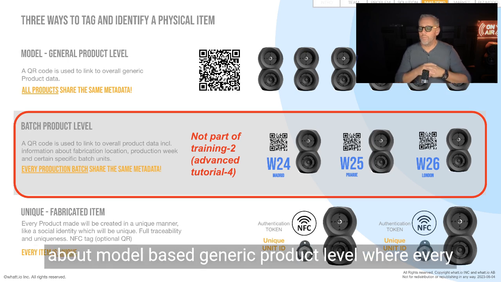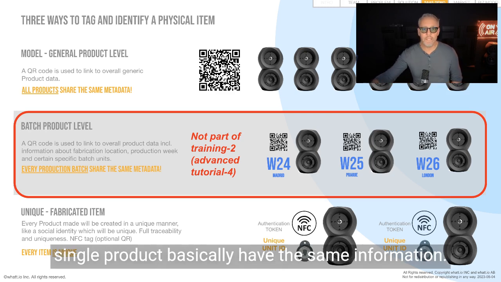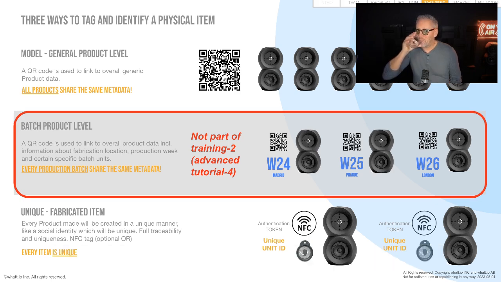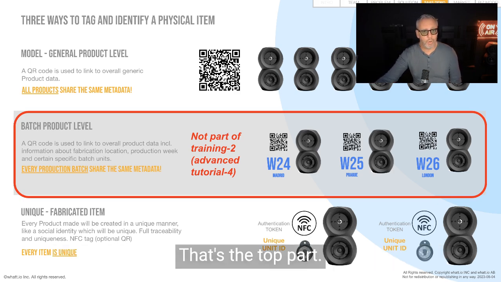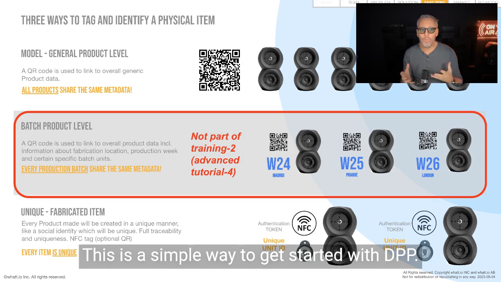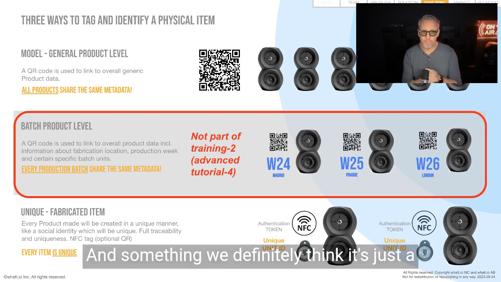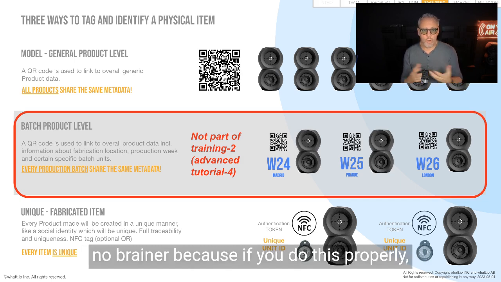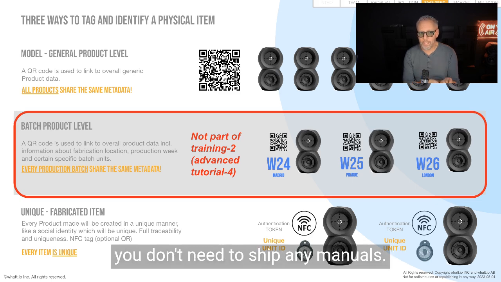When we look at DPPs as such, we always talk about different levels of granularity. Are we talking about a model-based generic product level where every single product has the same information? That's the top part. All products share the same metadata. This is a simple way to get started with DPP, and something we definitely think is a no-brainer, because if you do this properly, you don't need to ship any manuals.